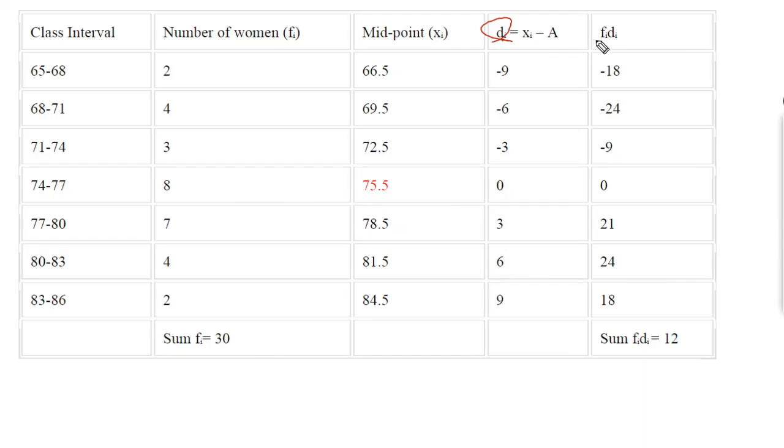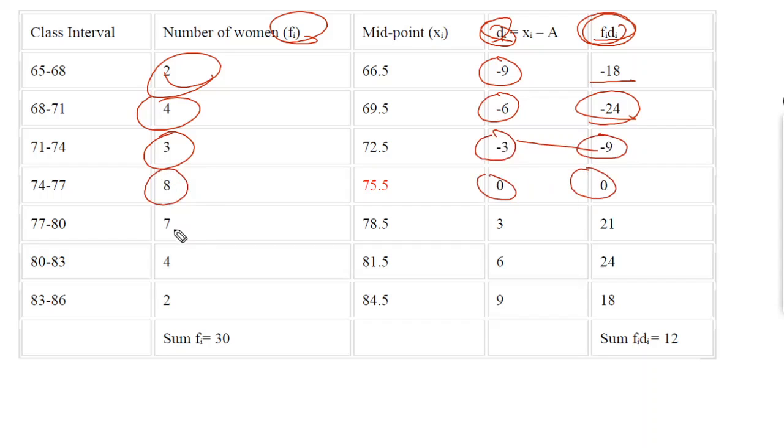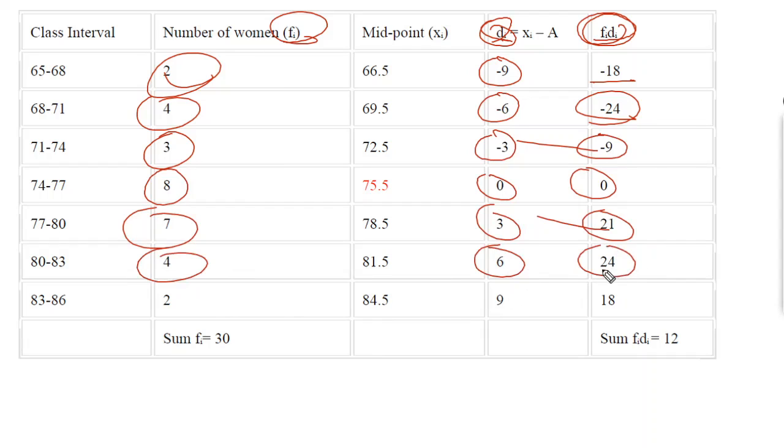So now what will we find? We will find fi di. You know that fi di is equal to fi into di. Fi you have, di also you have. So 2 into minus 9 is minus 18. 4 into minus 6 will be minus 24. 3 into minus 3, minus 9. 8 into 0, 0. 7 into 3, 21. 4 into 6, 24.